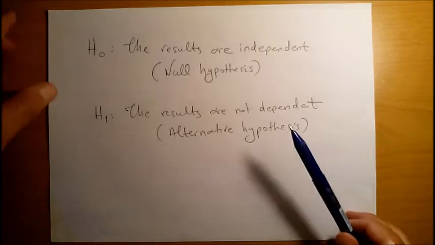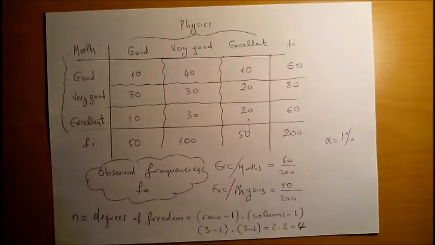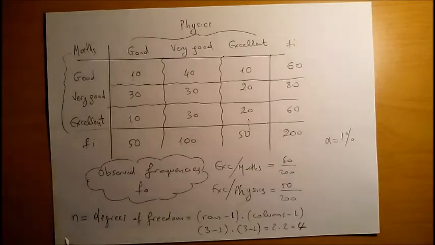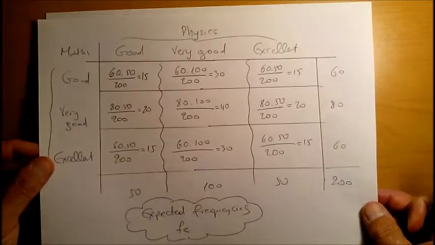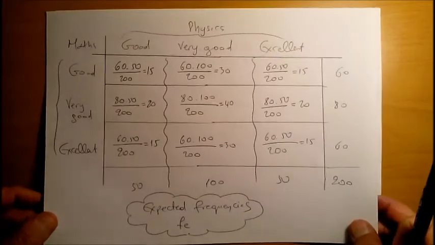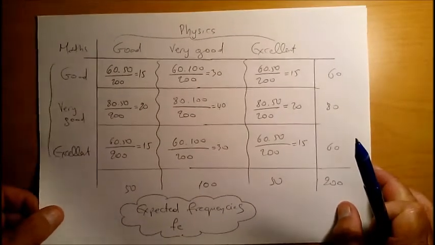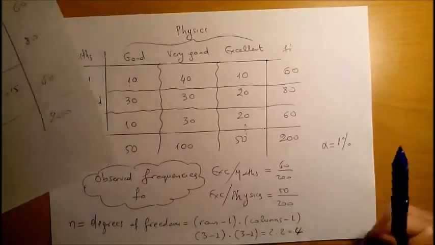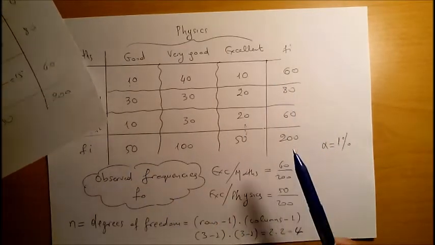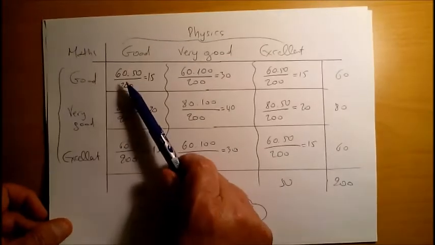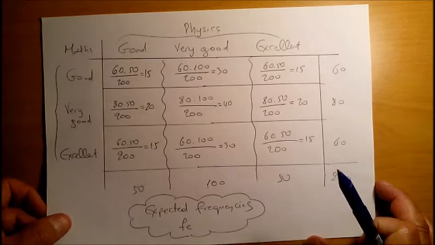Now let's continue with our test. We suppose that these results are independent, and we construct a table for the expected frequencies. How do we construct this table? We multiply 60 by 50 and divide by 200 for cell 1, as these results are considered independent.